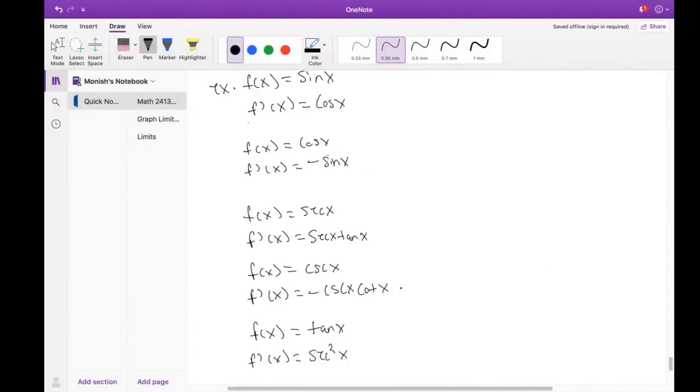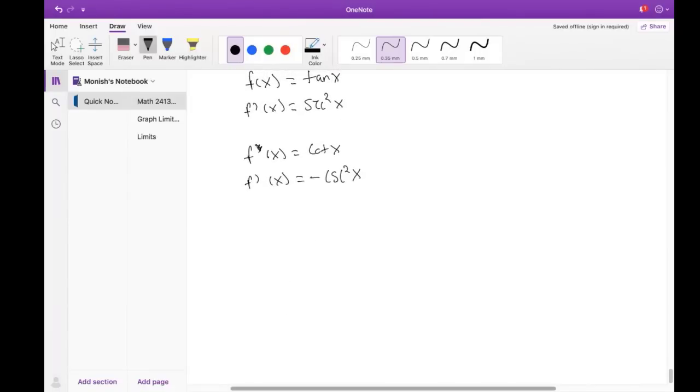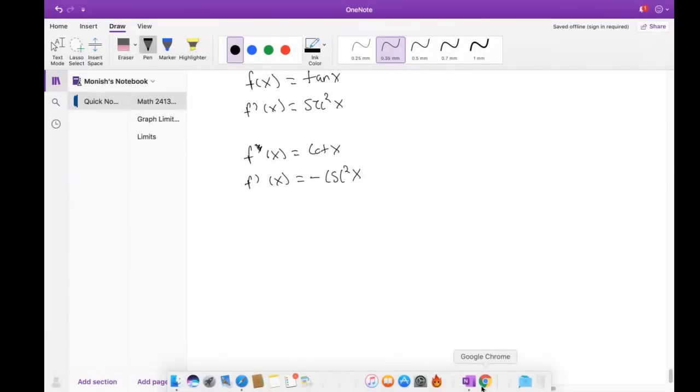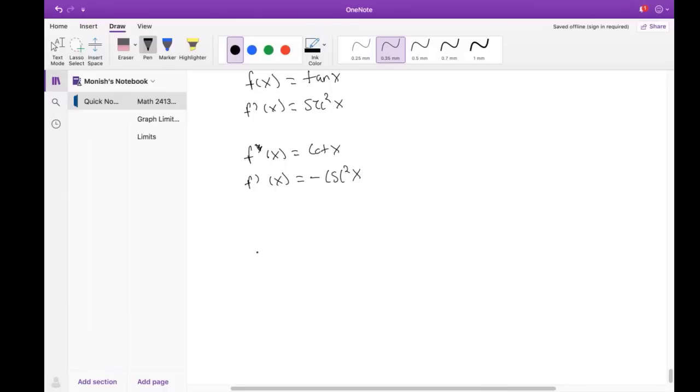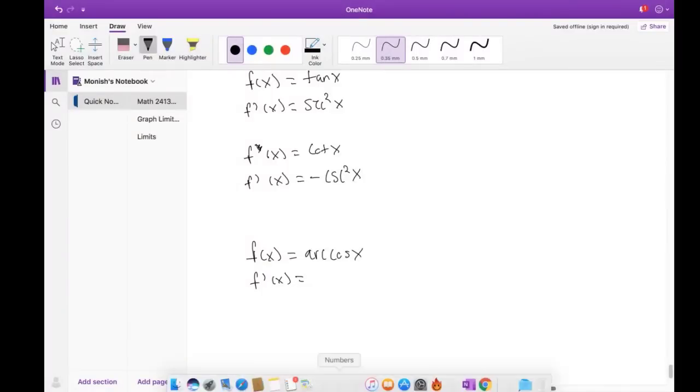Oh yeah, so this is for all the trigs, and then you guys said you needed to know inverse trig also, so what is the derivative of inverse cosine equal to?